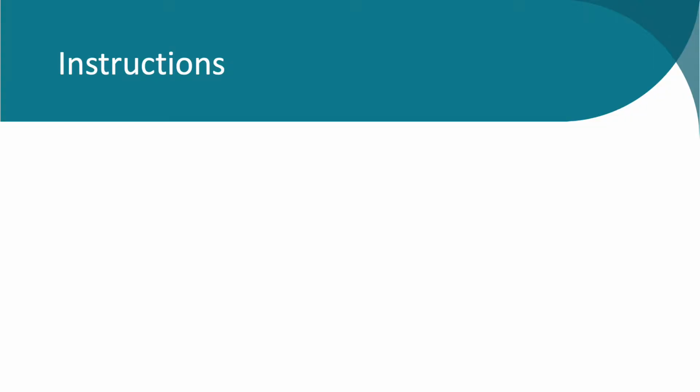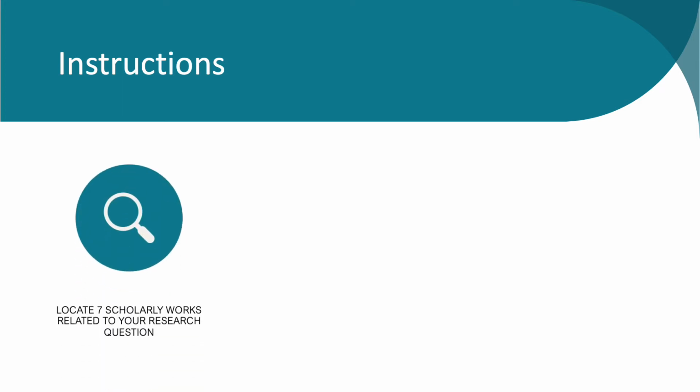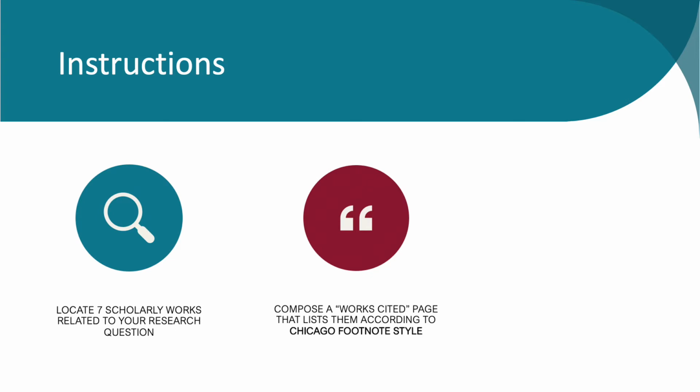So, first, the instructions for this assignment. What you have to do is locate 7 different secondary sources that speak directly to the research question that you wrote for me in your research proposals and that you submitted last week. So you need to find 7 of these sources.